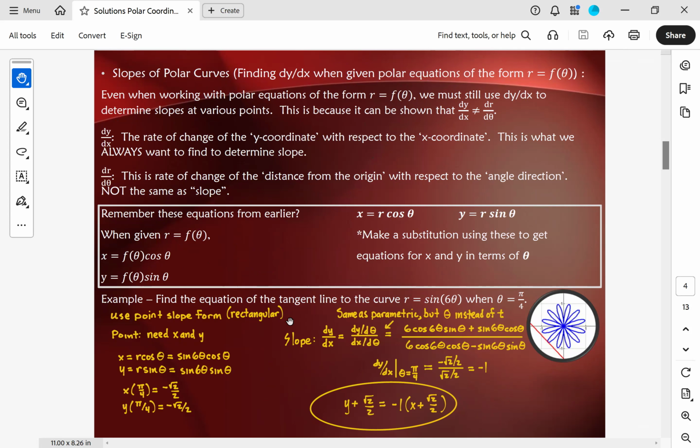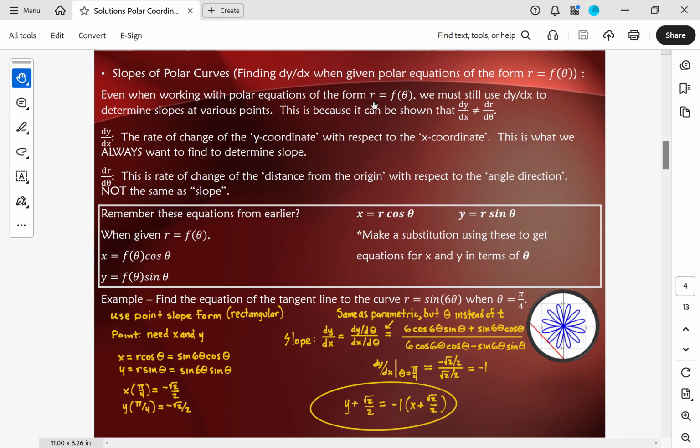We have equations now that will be presented to you, equations for r in terms of theta, and yet the calculus we want to do still relies on x and y. For example, tangent lines to a polar curve, as you can see in the picture down here. That tangent line has a slope, and the slope, by definition, compares rate of change of y to x.